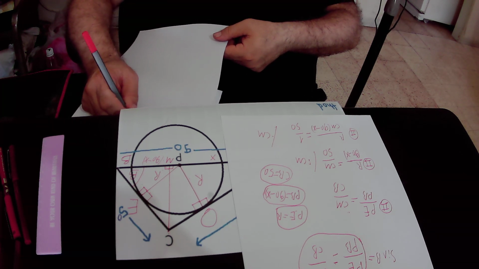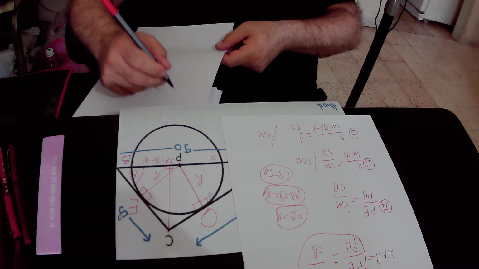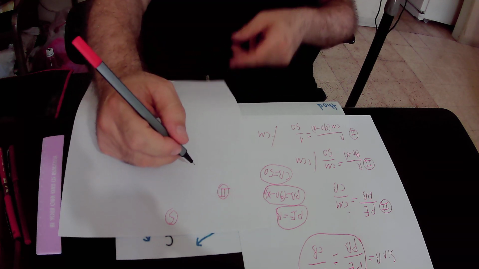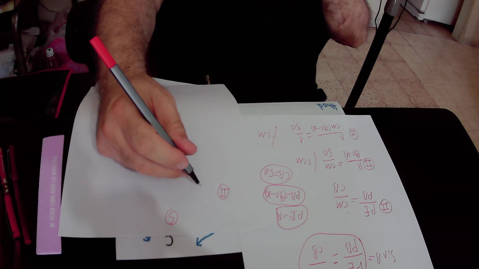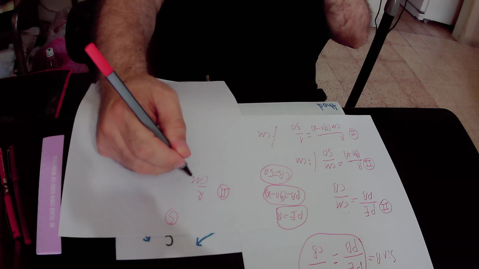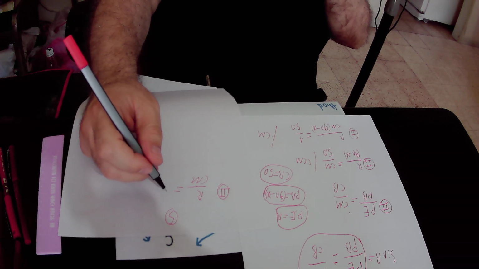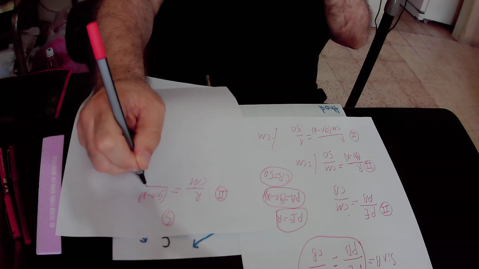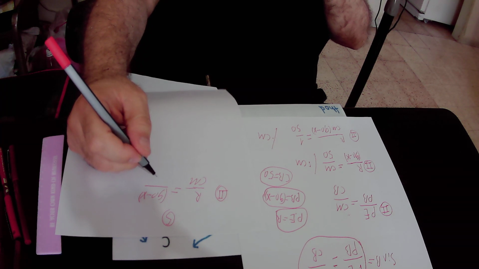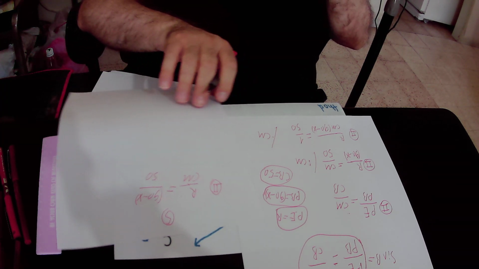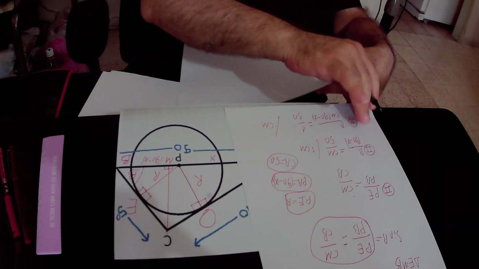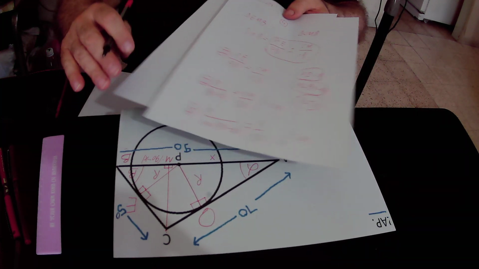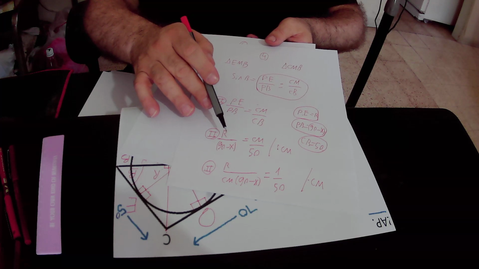Here we multiply both sides of the equation by CM.